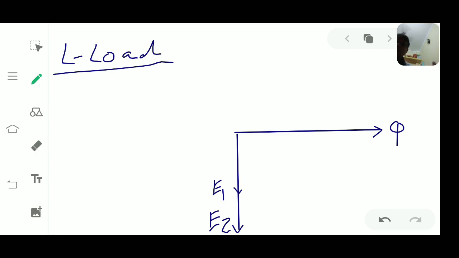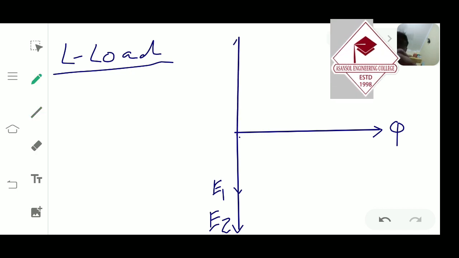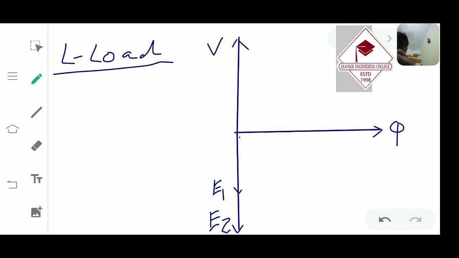Now we will draw V1, which is in opposite phase with E1. This is V1.